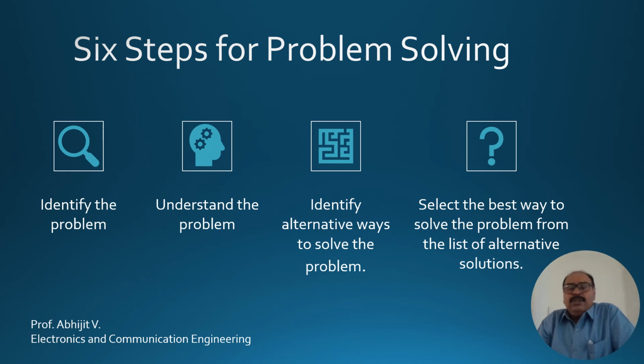Okay, so we need to understand the problem thoroughly. First, we have identified the problem. We know that there is some problem: a driver cannot drive smoothly on the roads if he is not properly directed. That's the first thing. The second thing is that we have to understand the problem. Understanding the problem requires basic knowledge, and real experience.